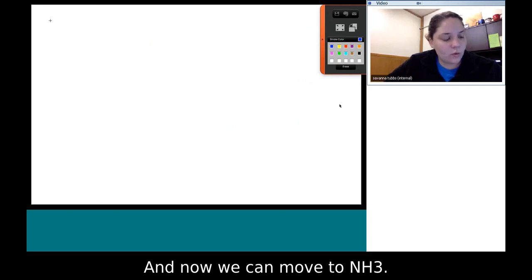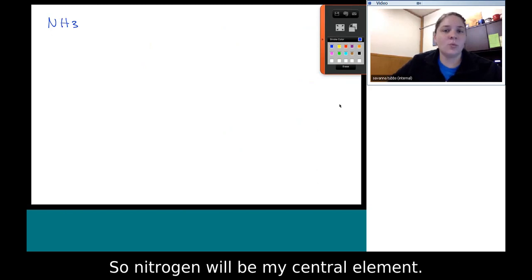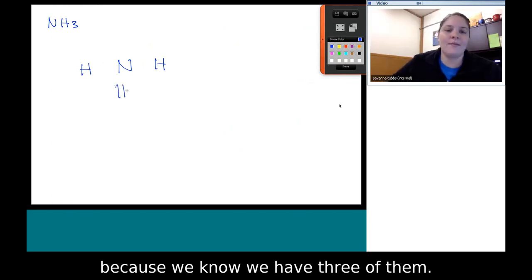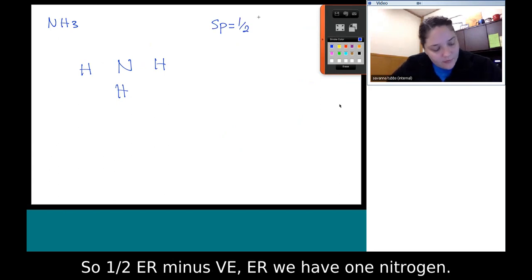And now we can move to NH3. So once again, I only have nitrogen and hydrogens. So nitrogen will be my central element. And I can put a hydrogen here, here, and here, because we know we have 3 of them. And we start our equation. So 1/2 (ER minus VE).